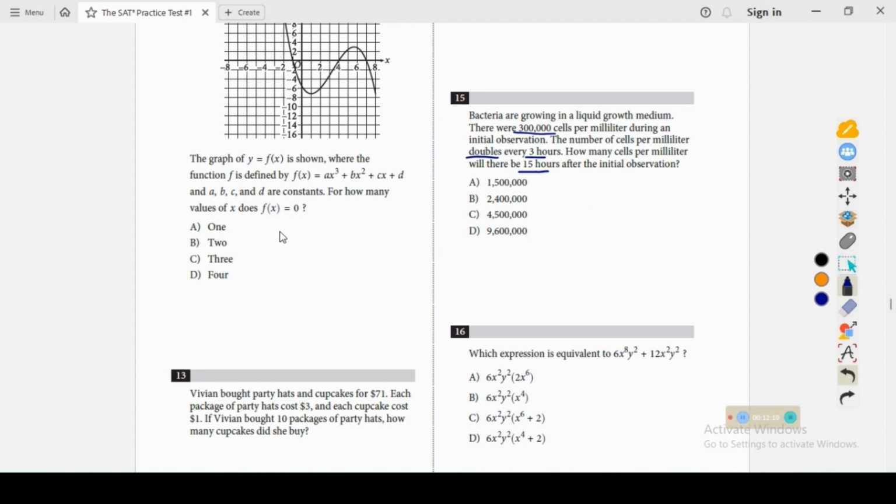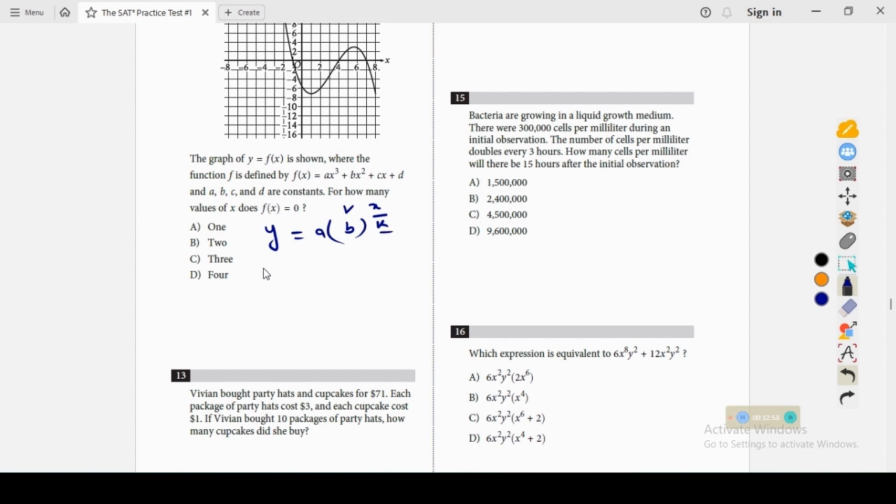Let y represent the number of cells in x hours. So the relation between y and x is represented by y equals a times b whole raised to the power x over k, where a represents the number of cells at the initial observation and the cells are increasing by b times in k hours.